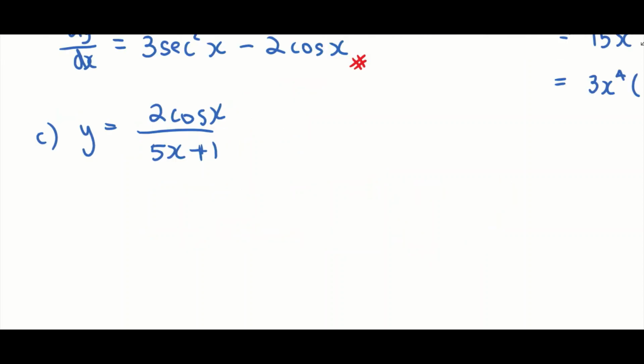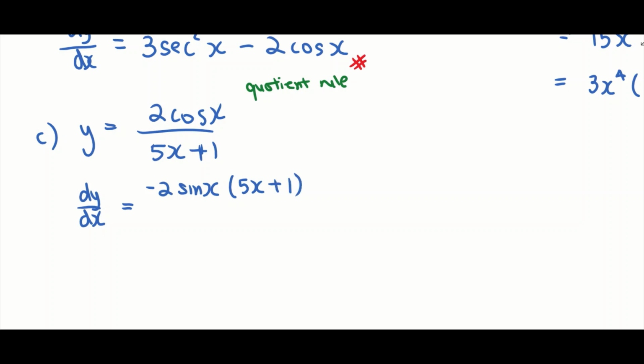When I have this next function, it looks like a fraction and it can't be simplified. So when I differentiate, what rule should I use? Quotient rule. Thank you. Differentiate the top first. When I differentiate cosine x, what do I get? Negative sine x. Keep the bottom. Minus. Keep the top, and I differentiate the bottom, I will get 5.